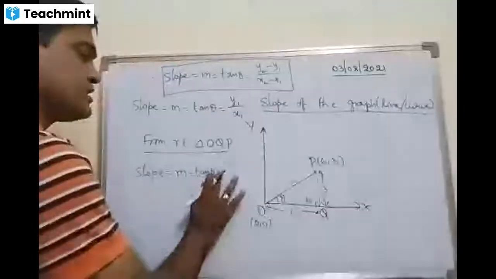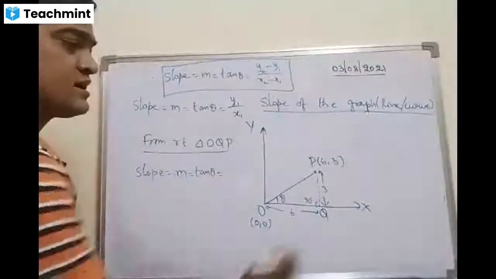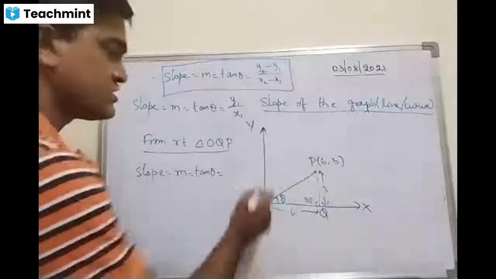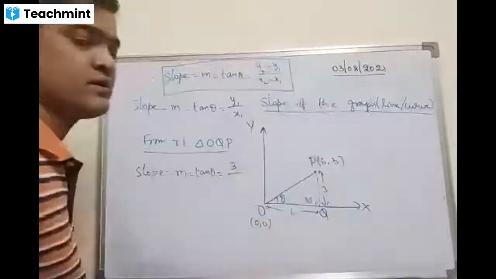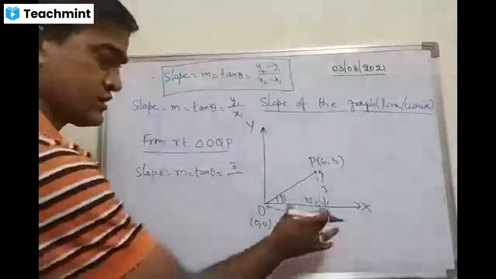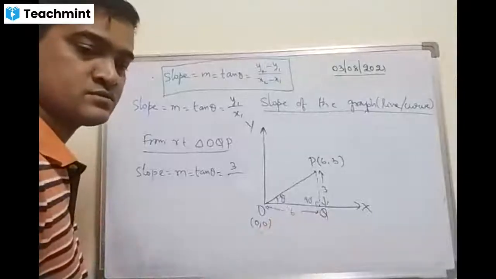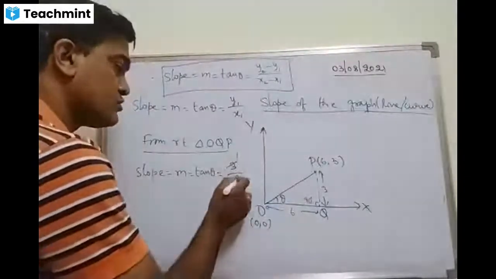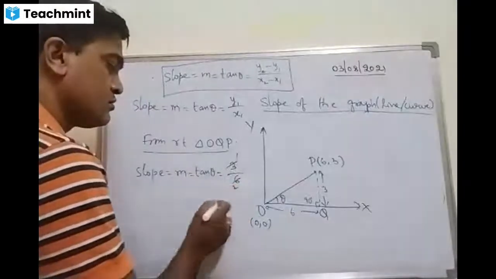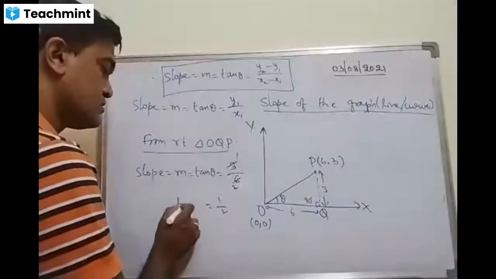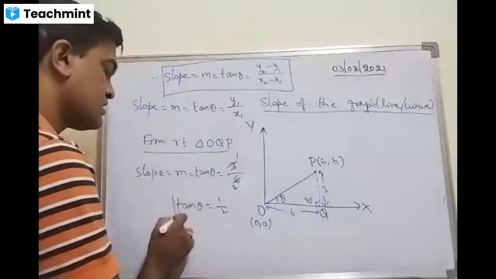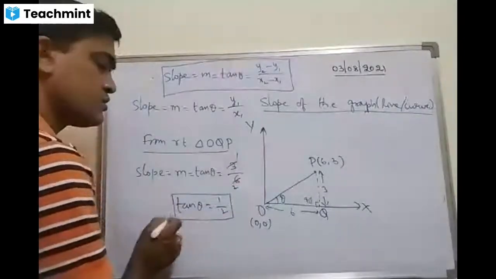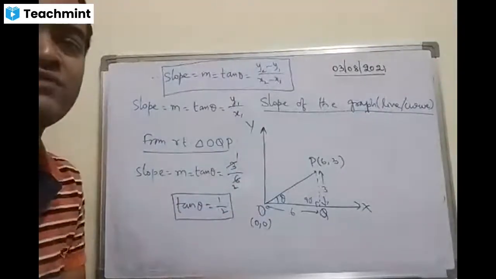So I can write tan theta as opposite side, which is 3, divided by adjacent side, which is 6, which comes out to be 1 by 2. So tan theta is equal to 1 upon 2. This is one way of writing.